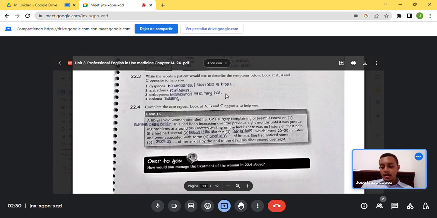Okay, next is the Over to You. Over to You says, how will you manage the treatment of the woman in 22.4 above? Okay, I suppose that it could be that she has fever or she has a headache.